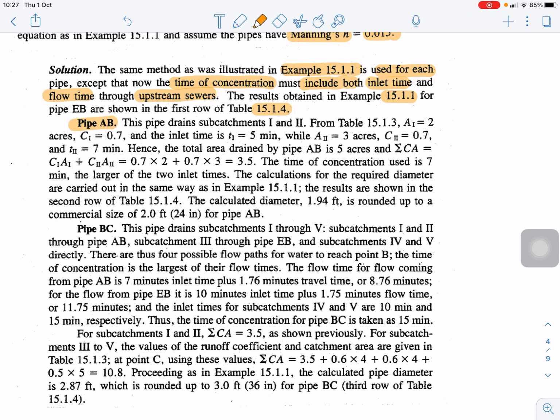In this case, we find the summation of CA, C1A1 plus C2A2, and we got 3.5.